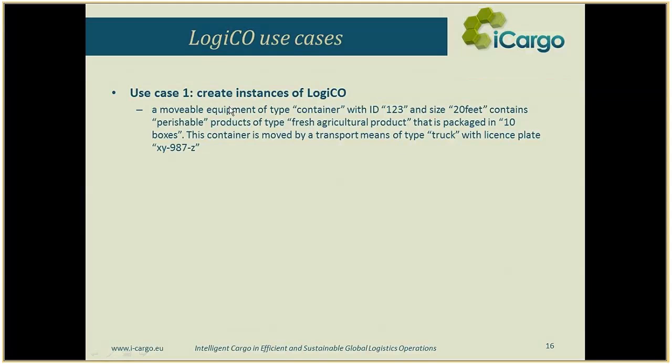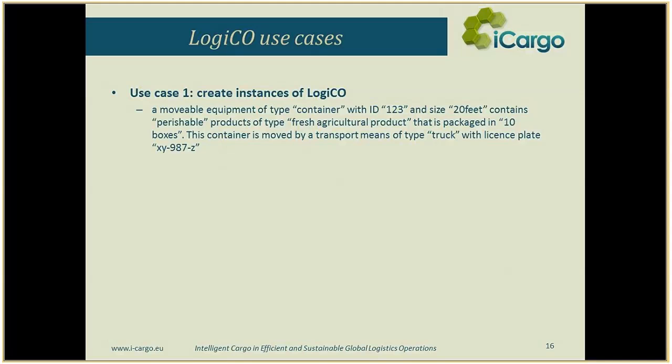So the first use case is to create instances of LogiCO. LogiCO has the concepts, but then we create instances that correspond to real things in real life. For example, an instance is a movable equipment of type container.